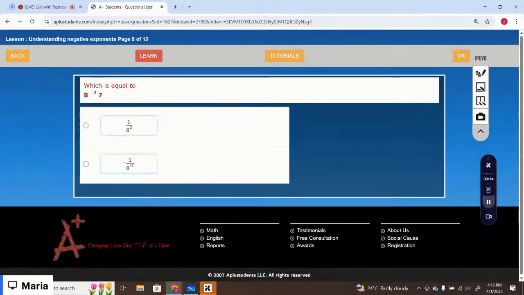Which is equal to 8 exponent negative 2? Option number 1 is the correct option.